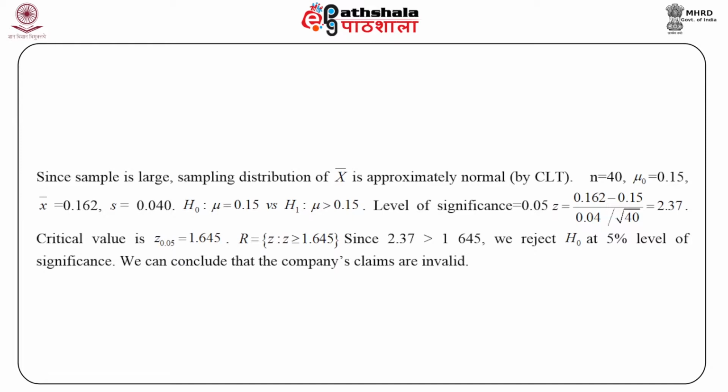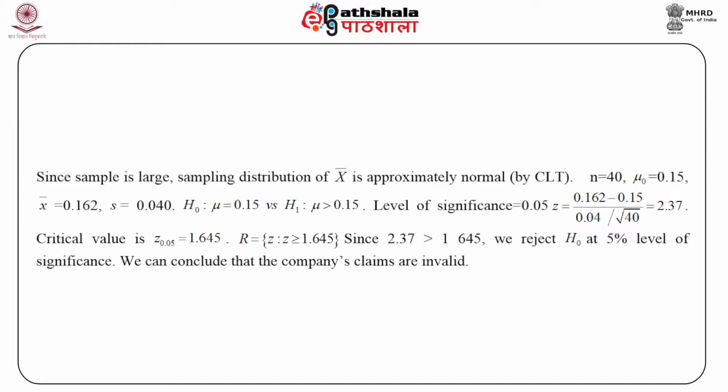It is that mu is equal to 0.15 versus the alternative hypothesis that mu is greater than 0.15. The level of significance we have chosen is 0.05. So, what is the Z value? It is equal to 0.162 minus 0.15 divided by 0.04 upon square root of 40. On simplification, it comes out to be 2.37.